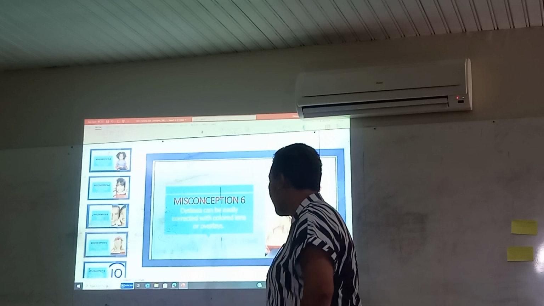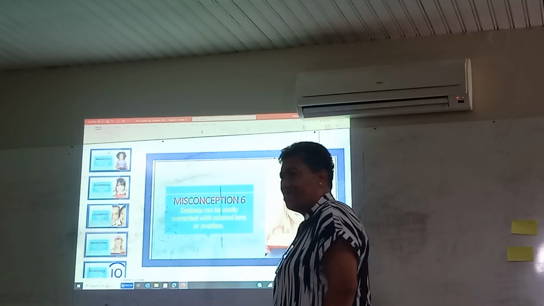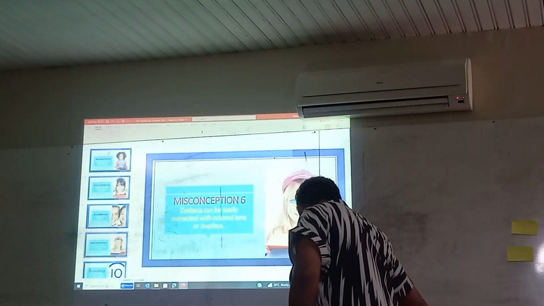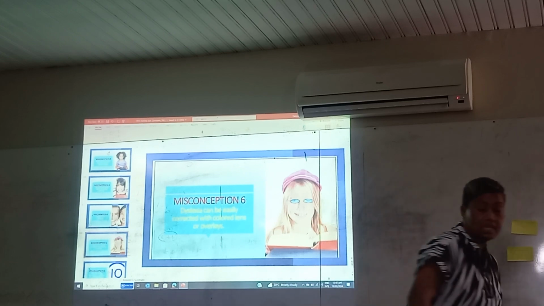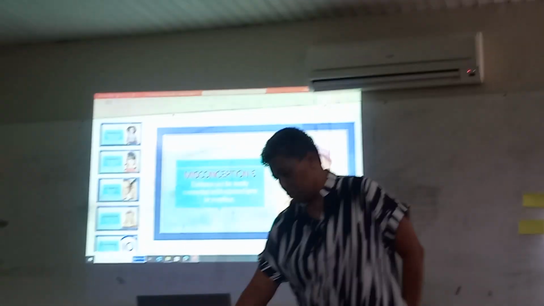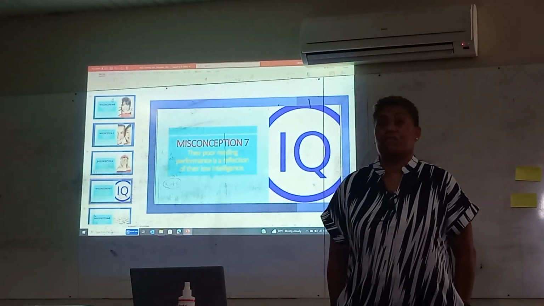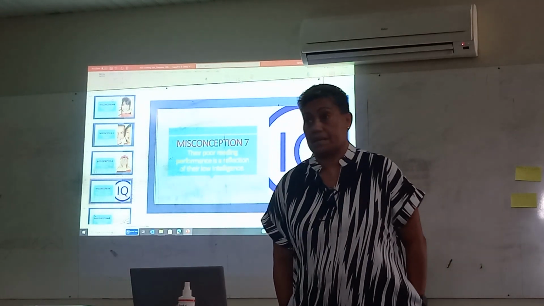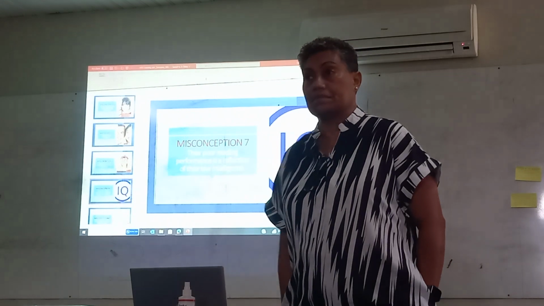Dyslexia can be easily corrected with colored lenses. Now this is what they do overseas, but it's not. It's something called Irlen syndrome, but it does not have to do with dyslexia. Their poor reading performance is a reflection of low intelligence. That's not true, because what did we learn today?